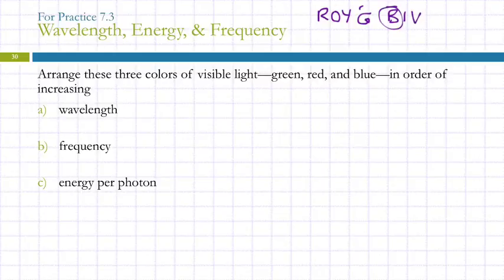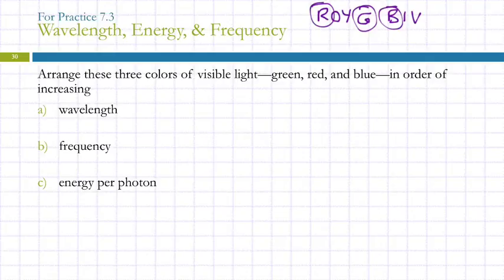So there's blue, there's green, and there's red. So these 3 different orderings, green is always going to be in the middle. It's either going to be red, then green, then blue, or it's going to be blue, then green, then red. There's no way around that.